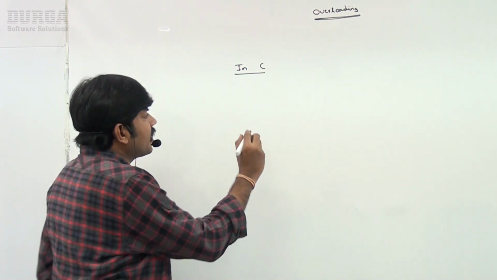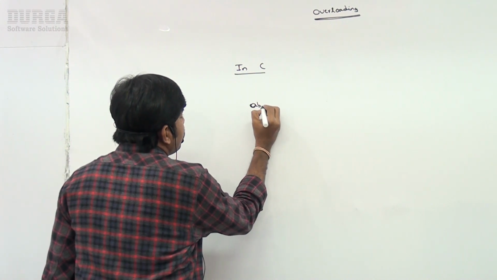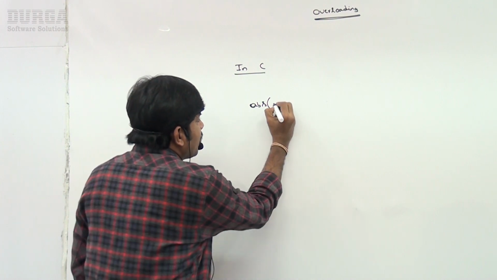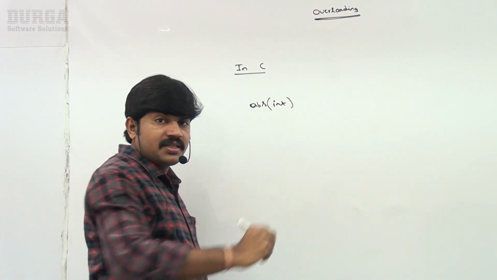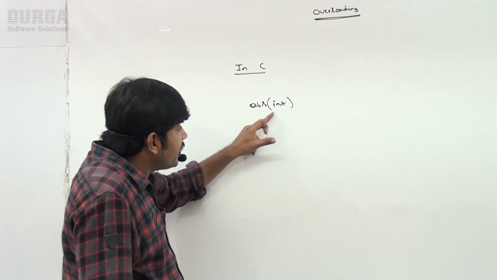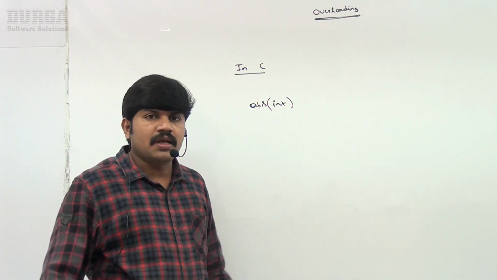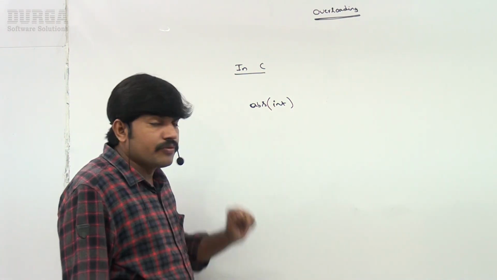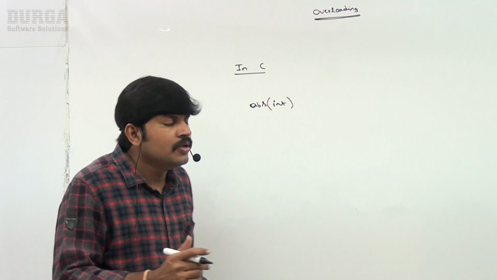Consider the abs method in C language. This abs method is always applicable for int type. Suppose I want to find the absolute value for a long value.